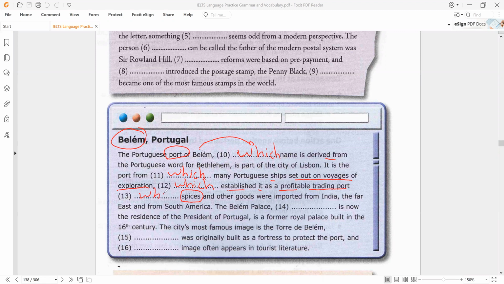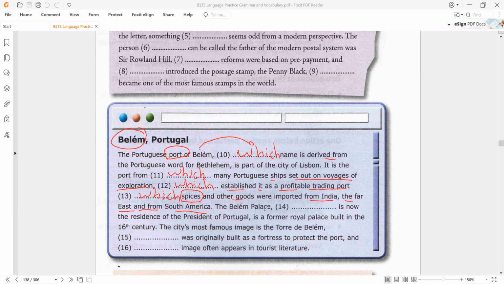Which spices and other goods were imported from India, the Far East, and from South America.